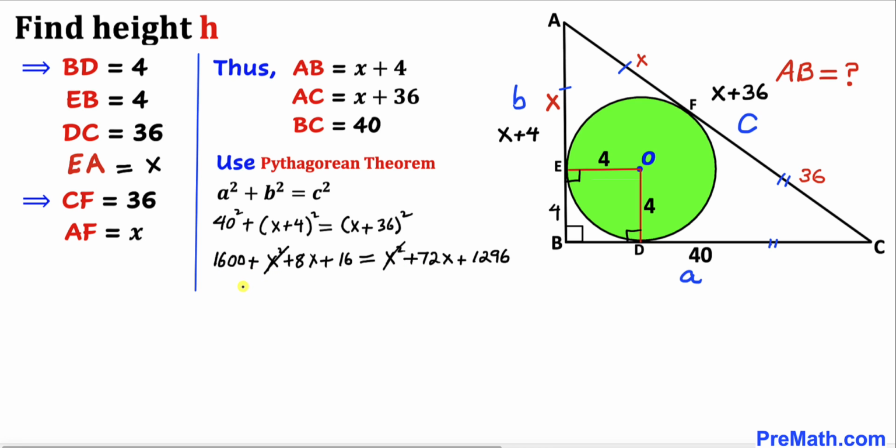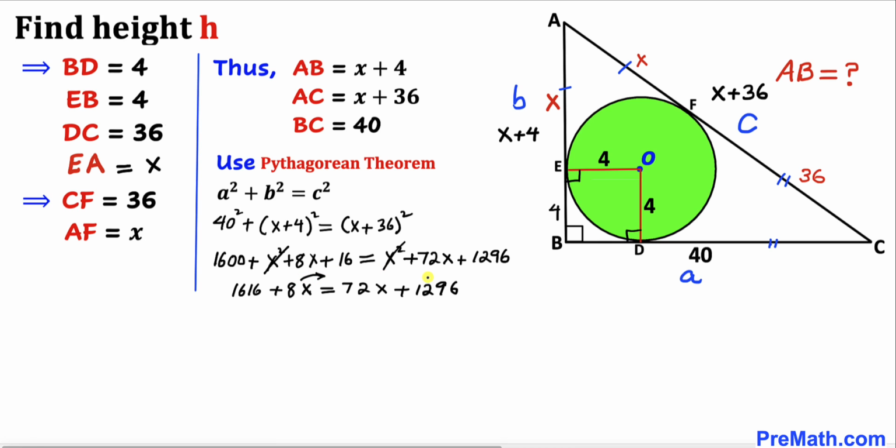So let's go ahead and combine the like terms on the left and right hand side. That is going to give us 1616 plus 8x equals, on the right hand side, 72x plus 1296. Now let's move this 8x to the other side.